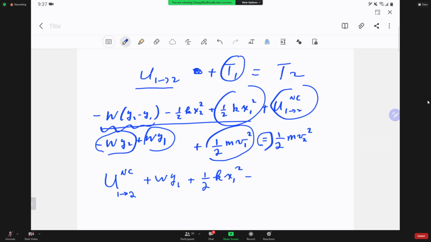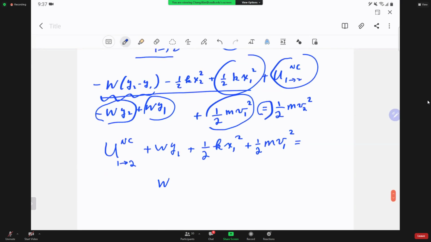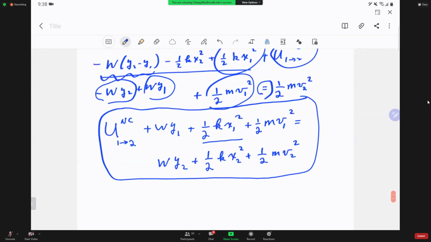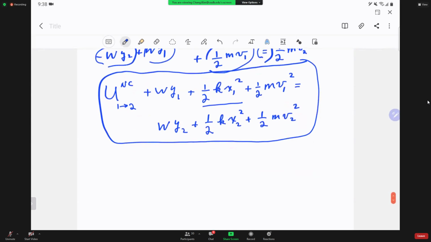And then what's left is 1/2 times m v1 squared equal to W y2 plus 1/2 times K x2 squared plus 1/2 times m v2 squared. And this is the energy equation. That's all you have to know.